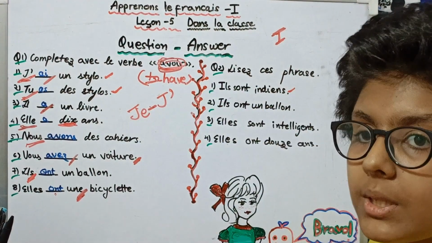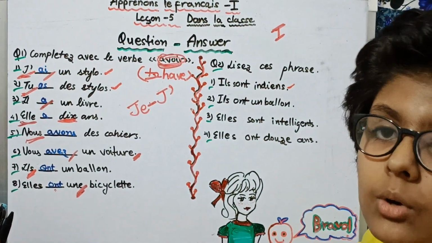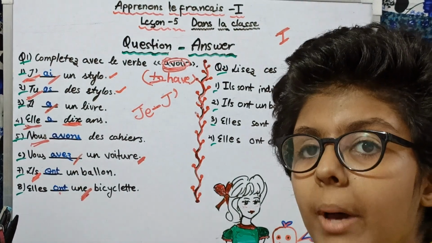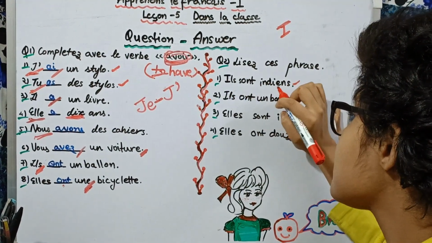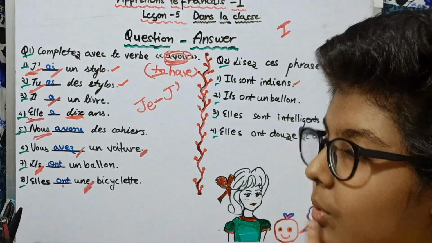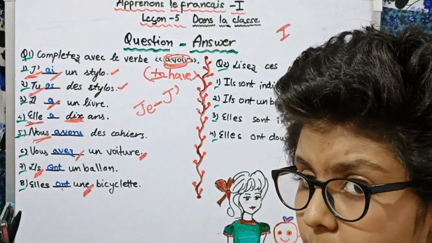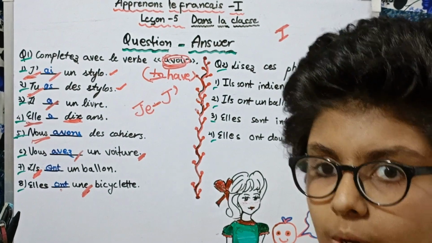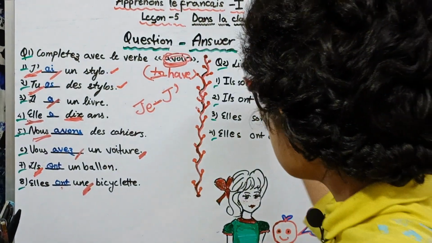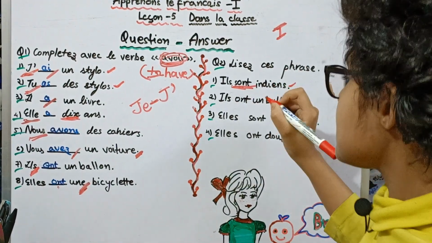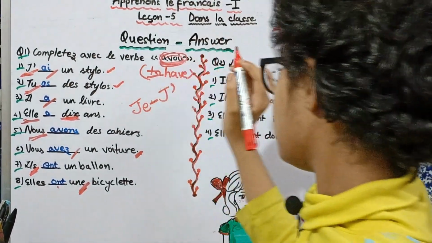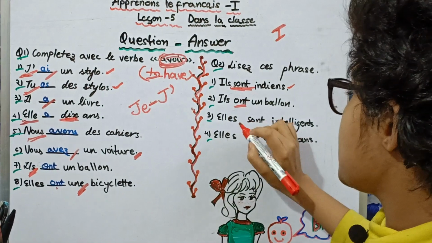So before doing this, they would tell you how we differentiate between the verb être and the verb avoir. So the first sentence is ils sont bien. Now you remember the conjugations of the verb être? Yeah, you do. So you can tell how the sentences are different, how their verbs are different, by seeing the conjugations of them.